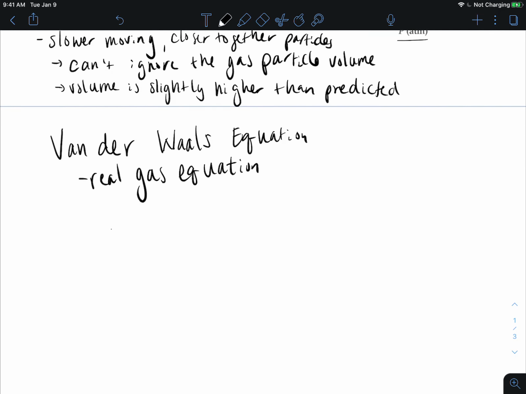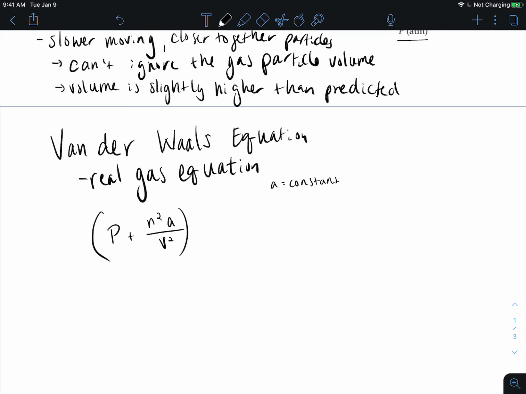So our van der Waals equation itself, for pressure, we have n squared, where n is our moles, times a, where a is a constant, divided by volume squared.